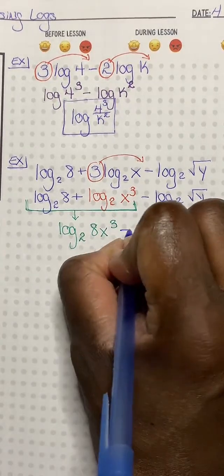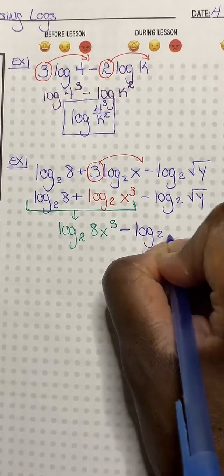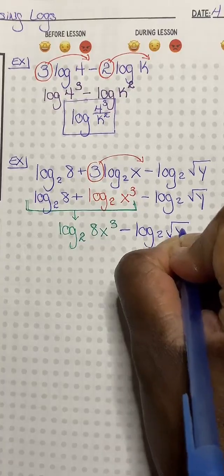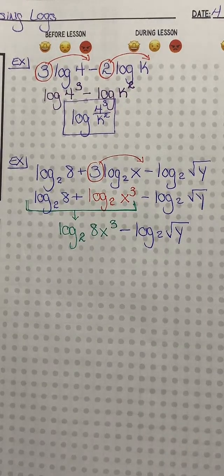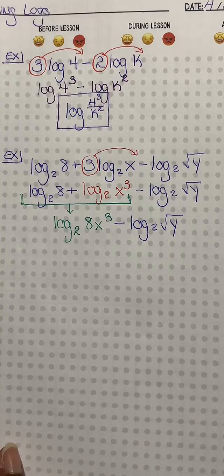Then I bring down my minus log base 2 square root of y. Okay.